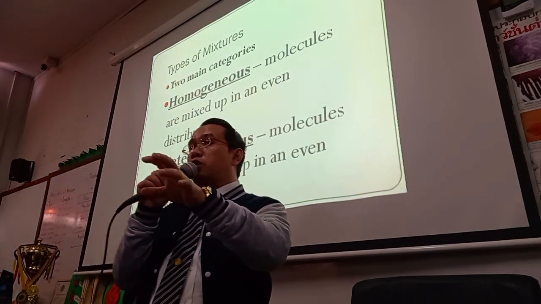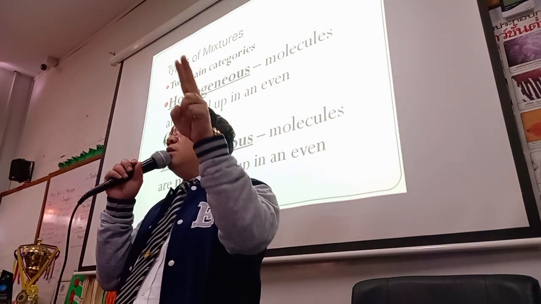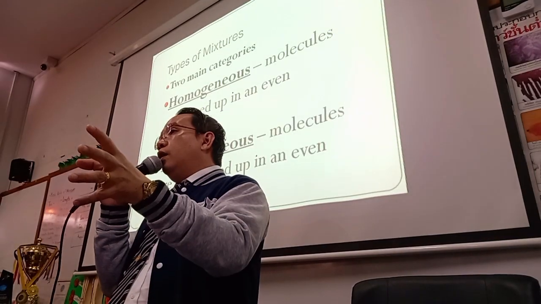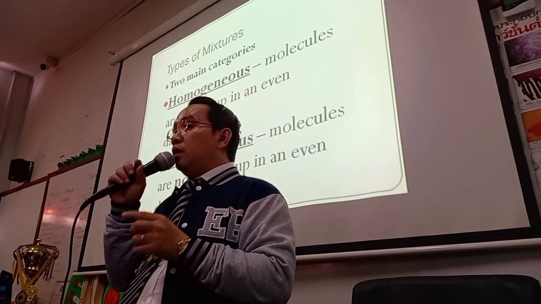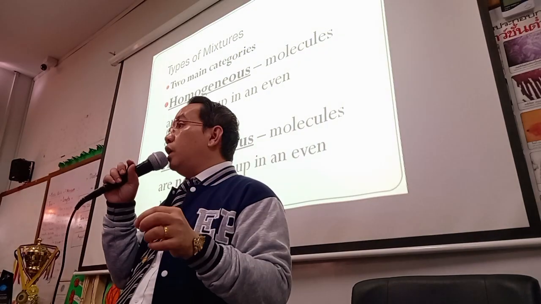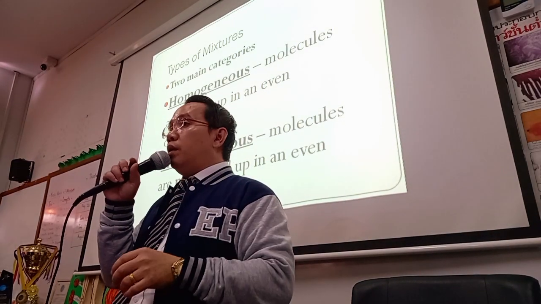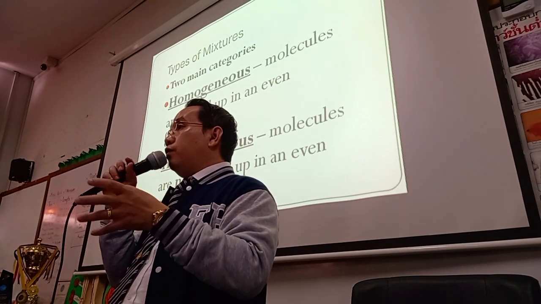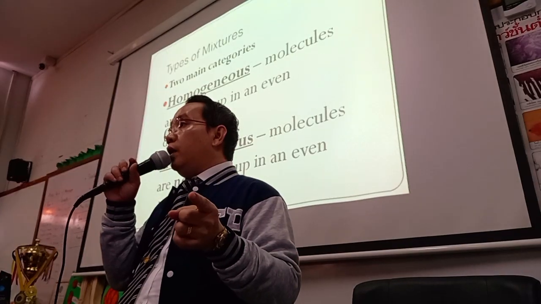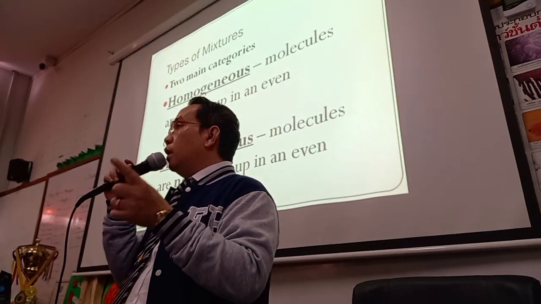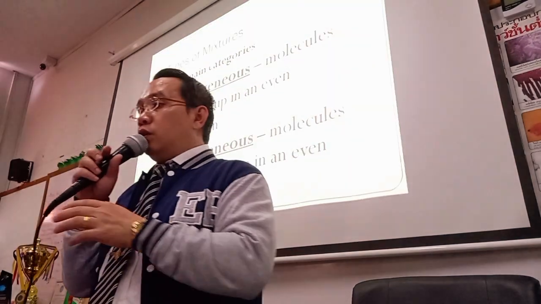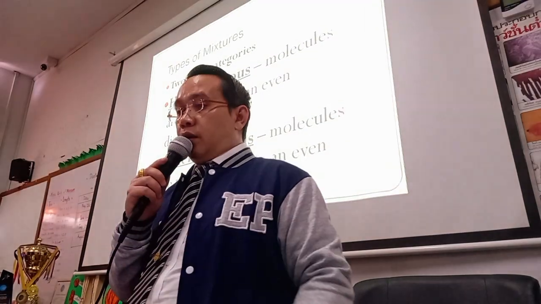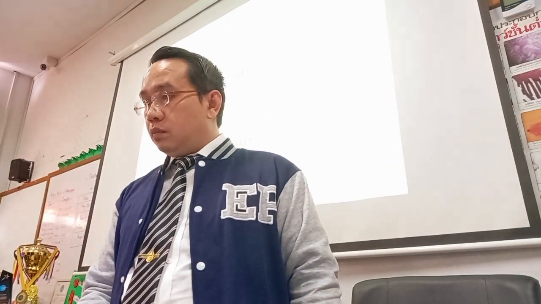But in homogeneous mixture, even if one substance is mixed with other substances, in the end it has an even or uniform appearance. For example, coffee mixed with sugar and hot or cold water. So these are the different types of mixture. Okay guys, do you understand?